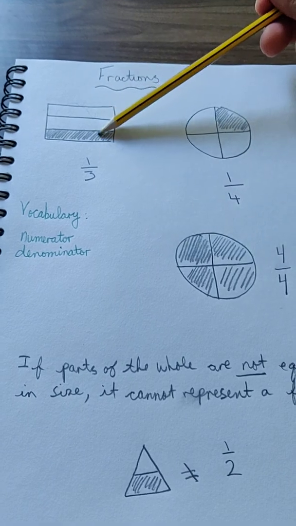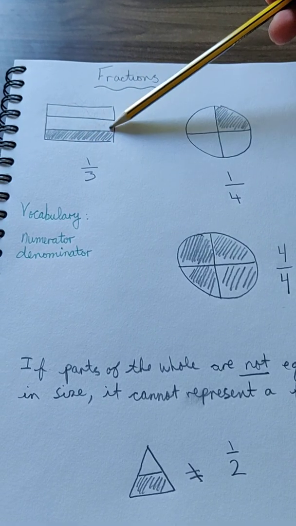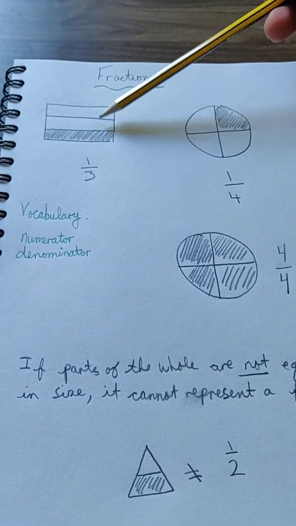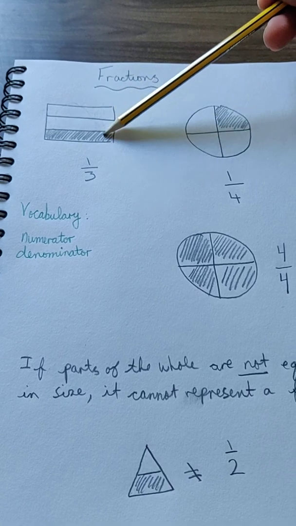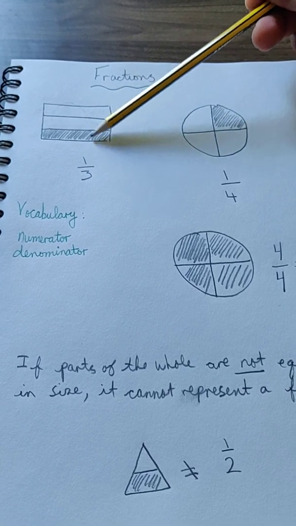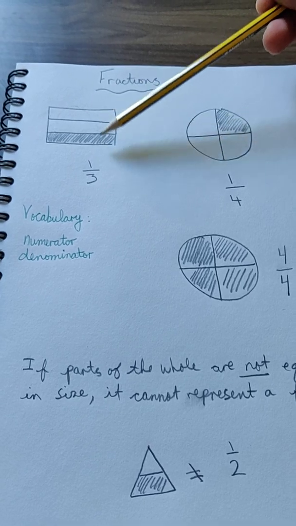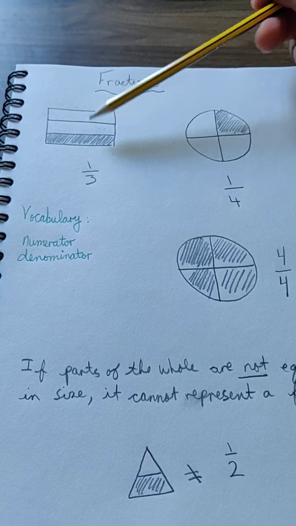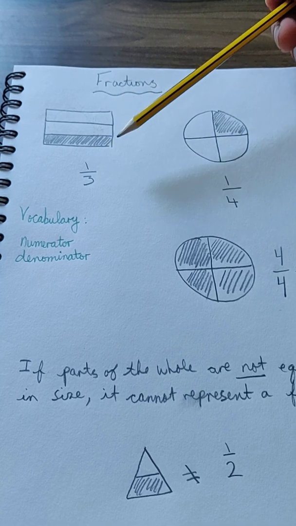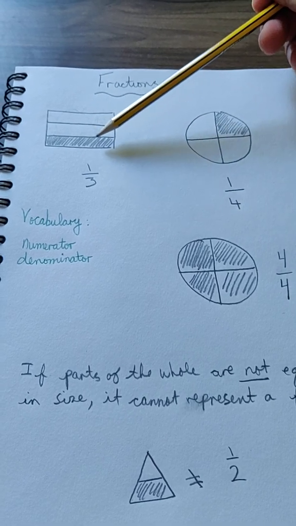So we use that to represent fractions. In this case, I split my whole shape into three equal parts. Remember that they have to be equal. If they're not of equal size, then they cannot be thirds. Okay, that would be something completely different. Again, they have to be of the same size.